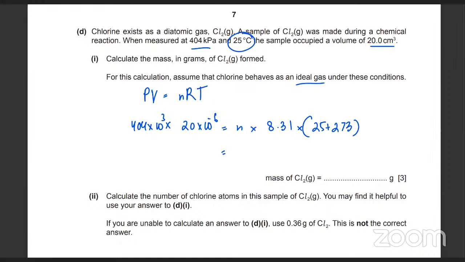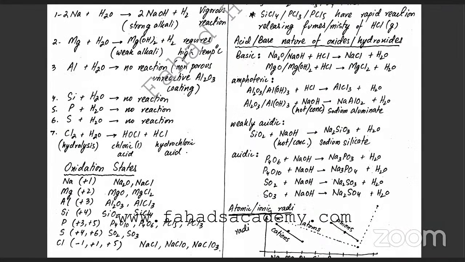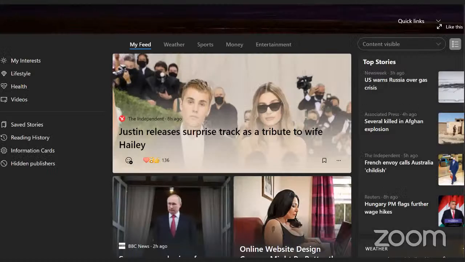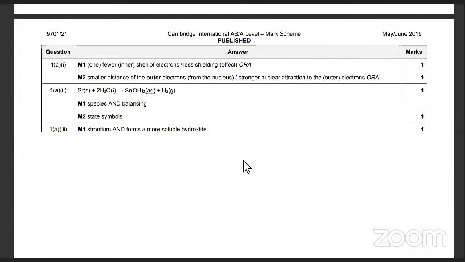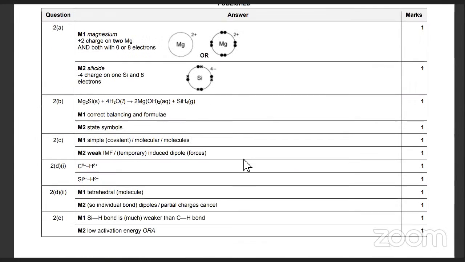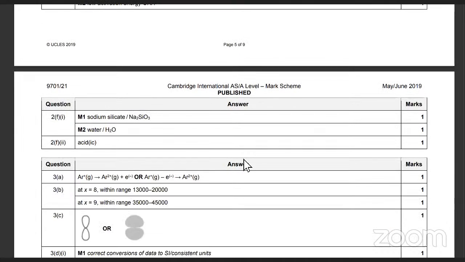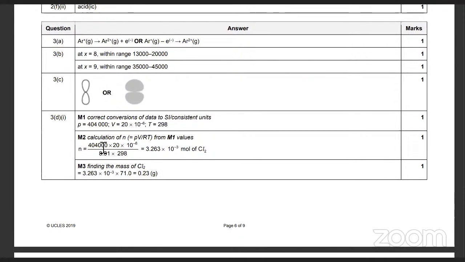I'm getting 0.00326 moles. Let's confirm it. We can just open the calculator.